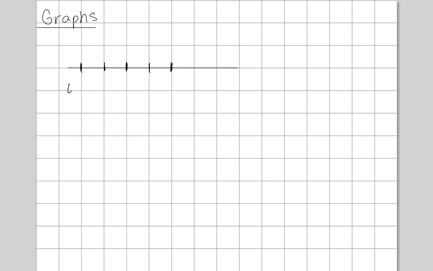And we can say that this is time at 0 seconds, time at 1 second, time at 2 seconds, time at 3 seconds, time at 4 seconds. So as time goes on, we can say that the position of some object, which we can draw in as a purple dot. Okay, that's the object, my purple dot.